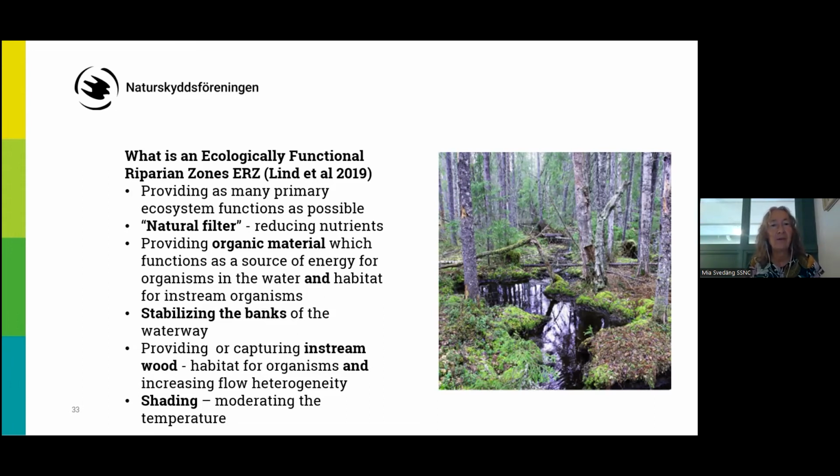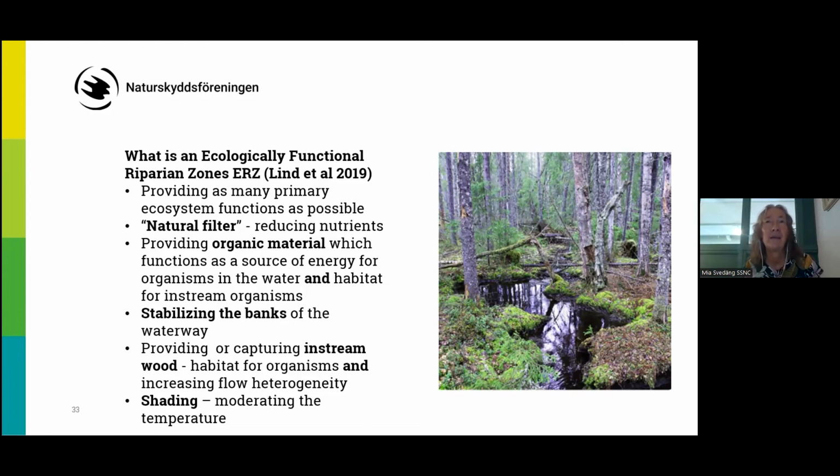The riparian zones will also stabilize the banks of the waterway, and they will provide or capture in-stream wood, that is trees falling into the water and twigs and branches falling into the water, which can serve as a habitat for organisms, and also increase flow heterogeneity.